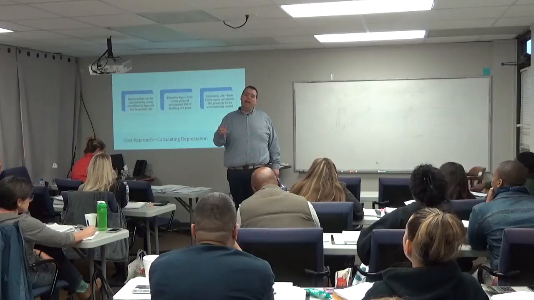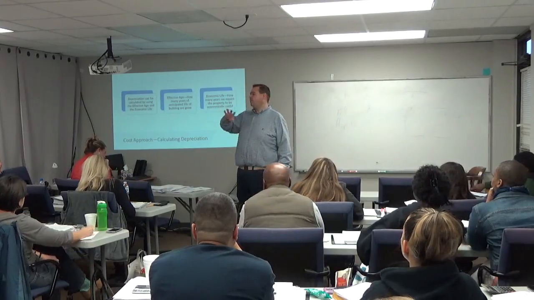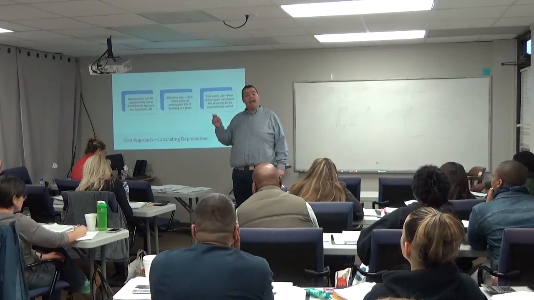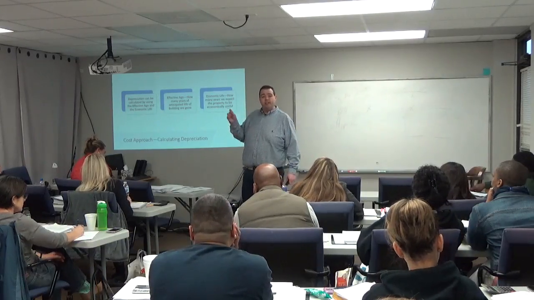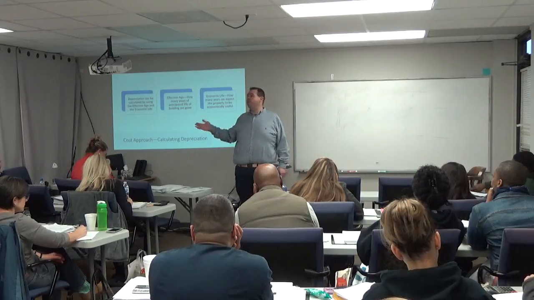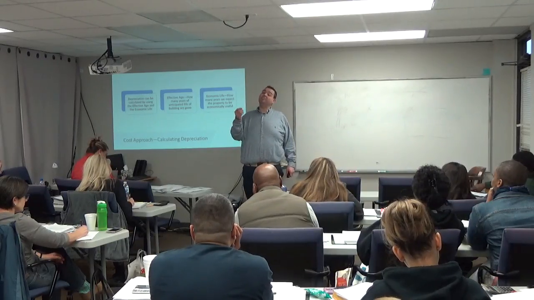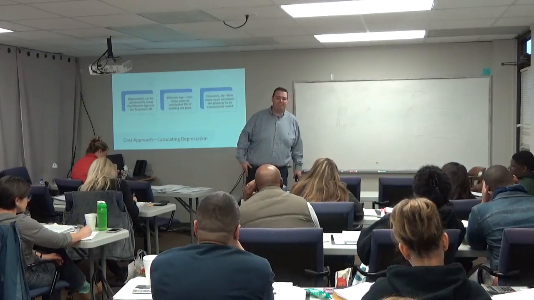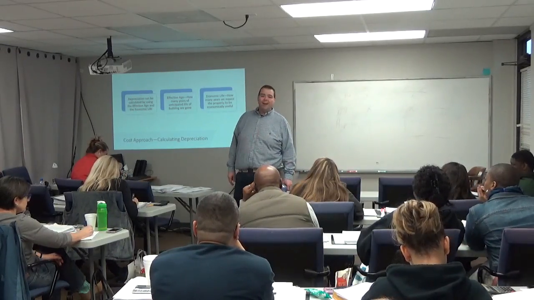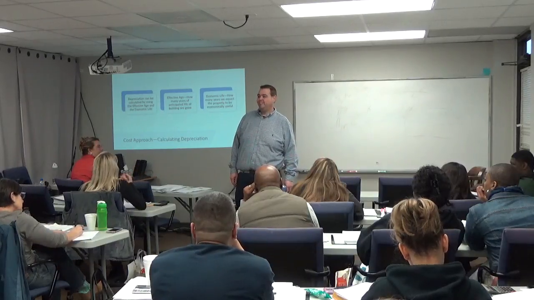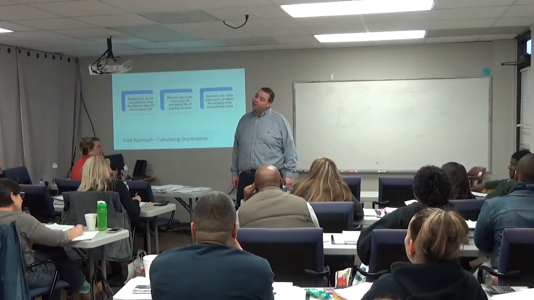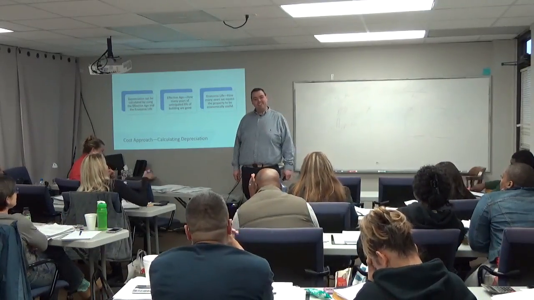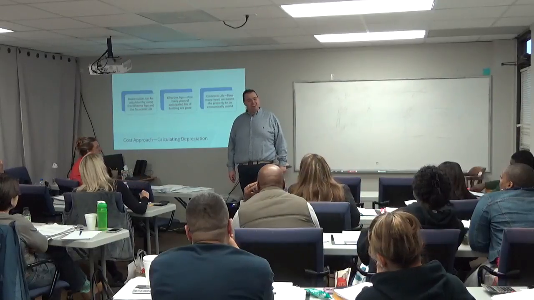Now, just like economic life doesn't have anything to do with actual life, effective age doesn't have anything to do with actual age. Effective age is how far you are into your economic life. Here's the interesting thing about effective age. You can roll that clock back anytime you want to. If you want to change your effective age, you get work done.